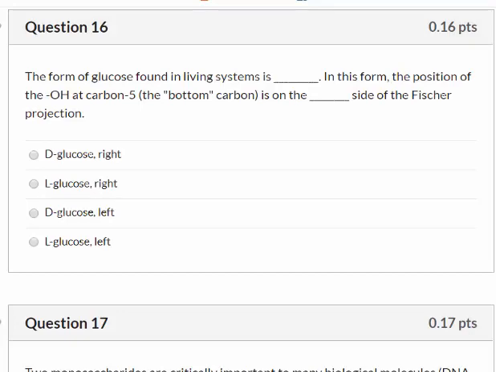Notice that pretty much all the carbohydrates that we talk about that are in our bodies are the D form. So we don't usually talk about L sugar in living things.